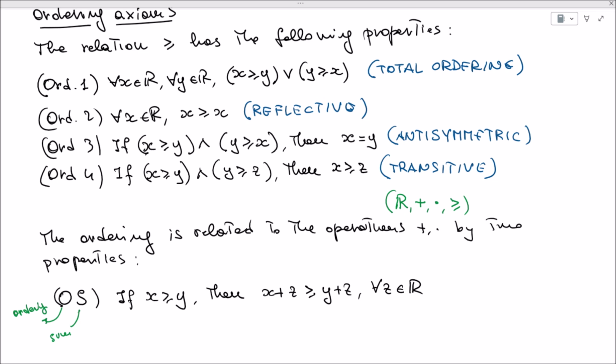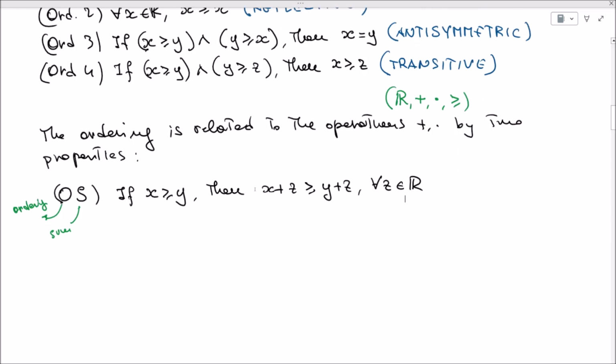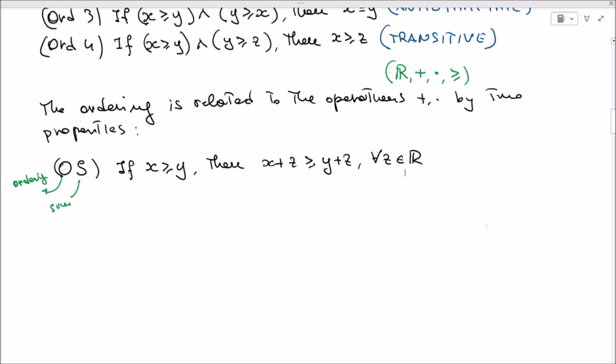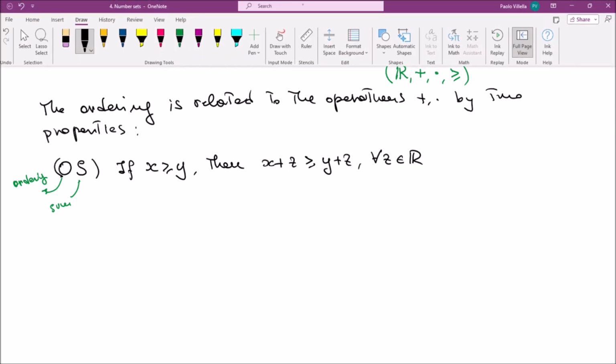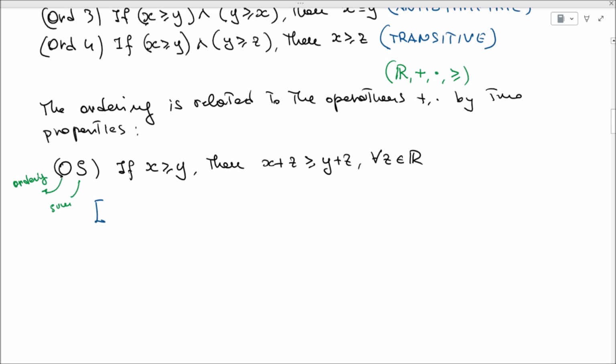Of course this is something that we have expressed in a quite straightforward manner, but if we had to be more formal, we should say that this should be expressed as follows: for every x in the real numbers, for every y in the real numbers, for every z in the real numbers, the fact that x is larger than or equal to y implies that x plus z is larger than or equal to y plus z.